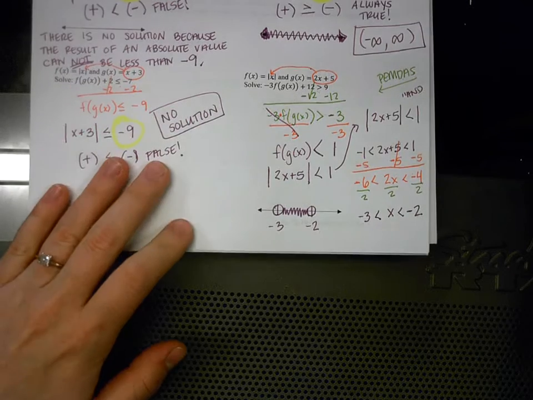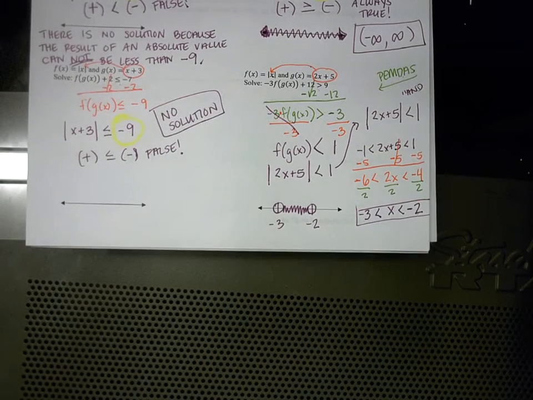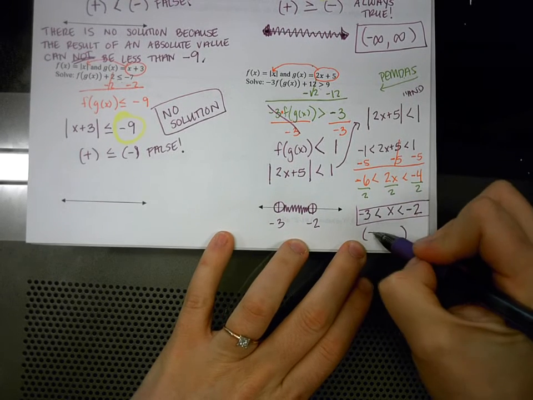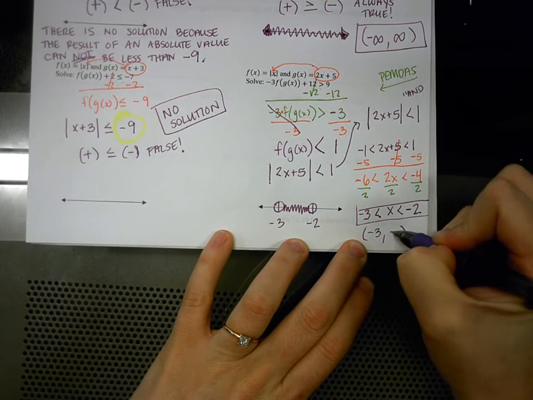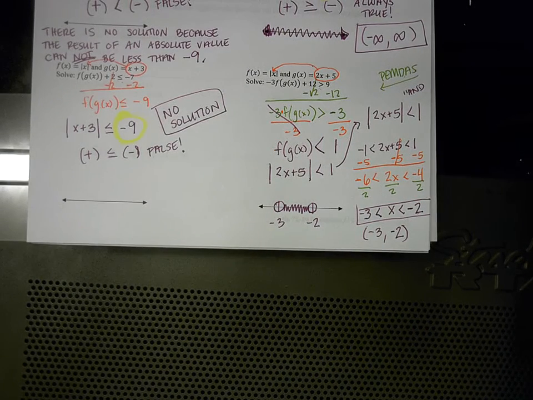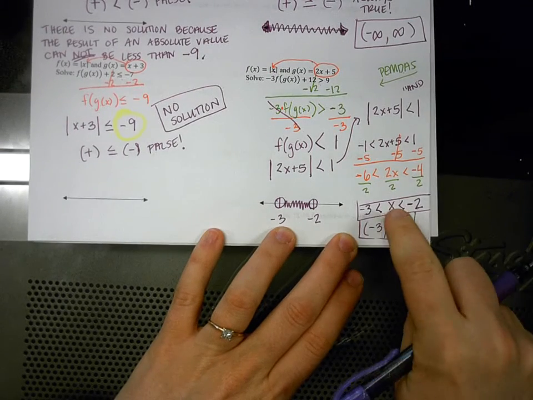Okay, so I have inequality notation. I have it written on a number line. What's the last thing I need? Interval notation. What number do we start with? What number do we end with? Good. Negative 3 to negative 2. Why did I use parentheses on both? Because they're open points. X can't be equal to either of those numbers.